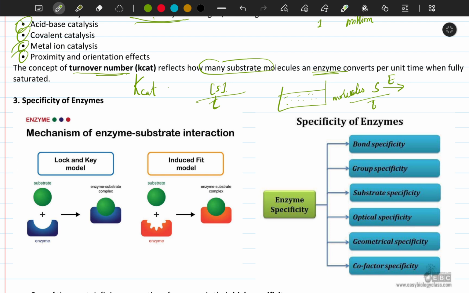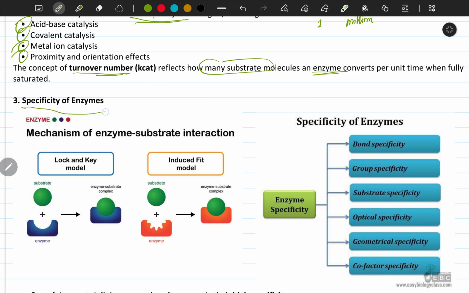How much turnover occurred in a period of time? You can ask, like in business, how much turnover occurred in a year. The time frame is taken and how much income was generated is asked. So it is the number of molecules converted under the influence of an enzyme per unit time when fully saturated. That's what we are seeing, kcat or turnover number.